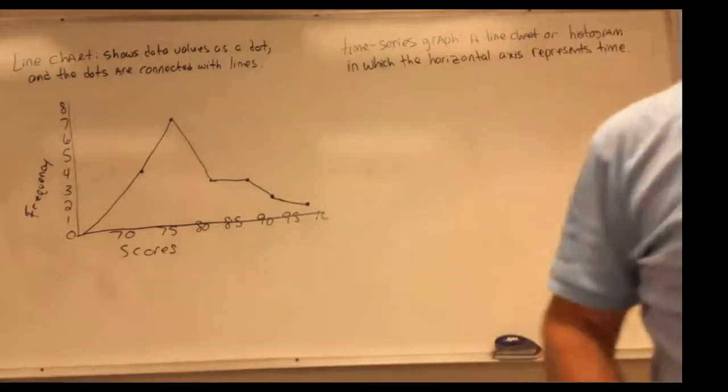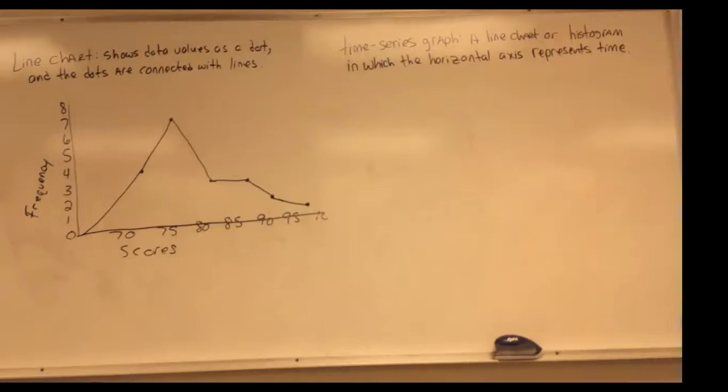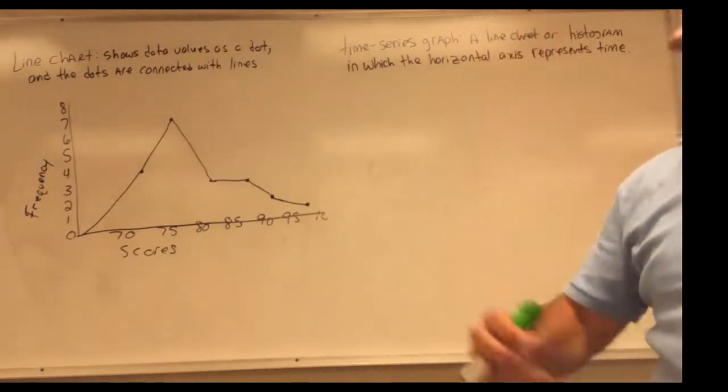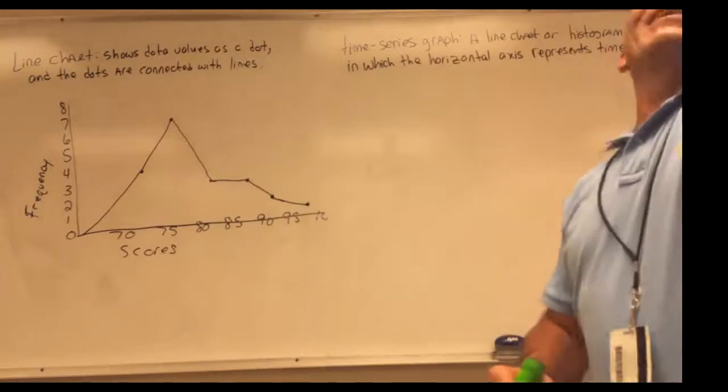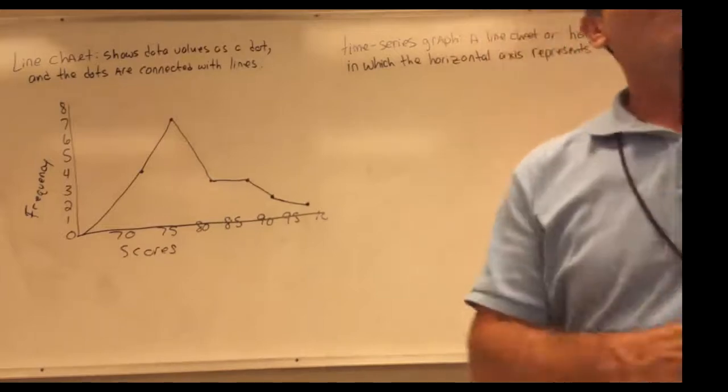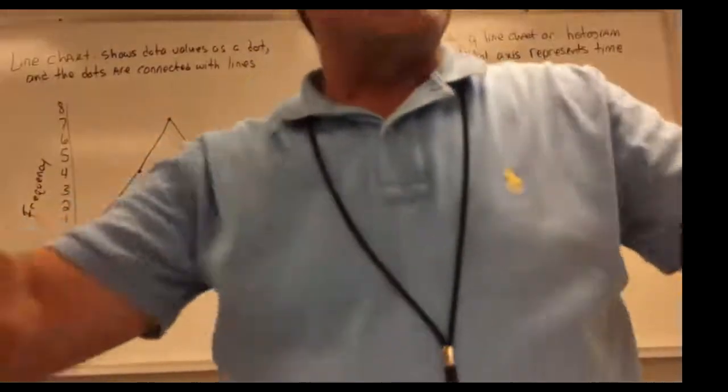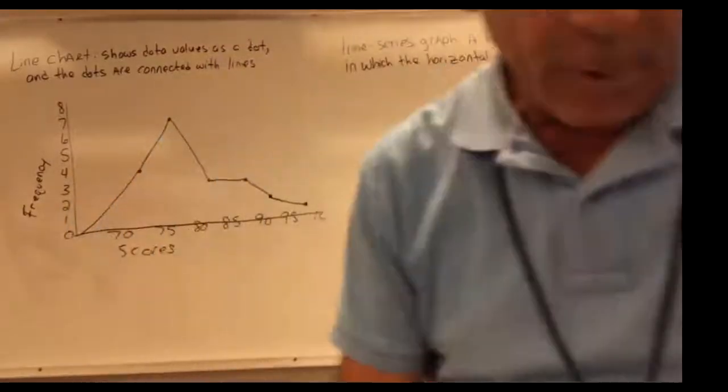And you see them on TV all the time. Hell, the COVID stuff is pretty much one of those, ain't it? It's going day 1, day 2, day 3. And you're watching that spike up, come down, spike up again, and come down. So it's representing time on that. So that'd be more like a histogram with time on it, okay?